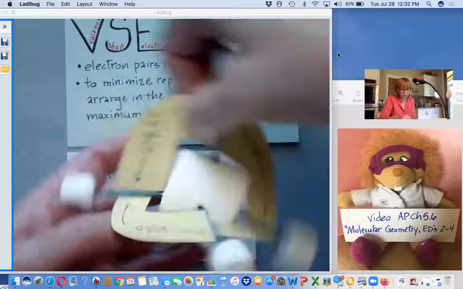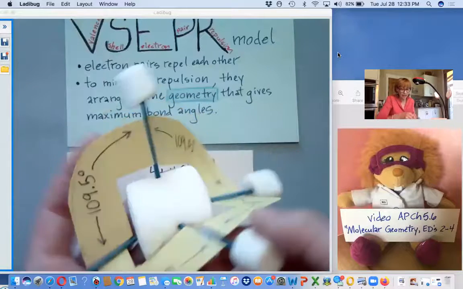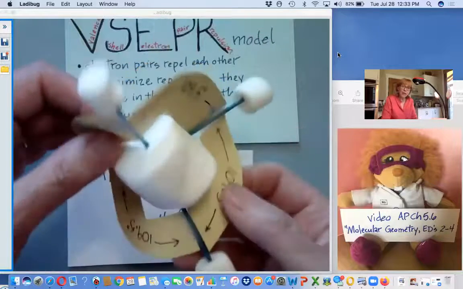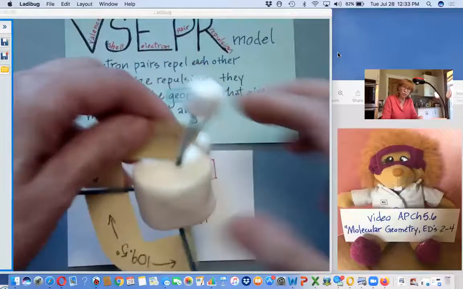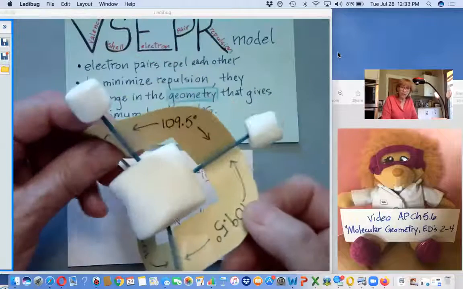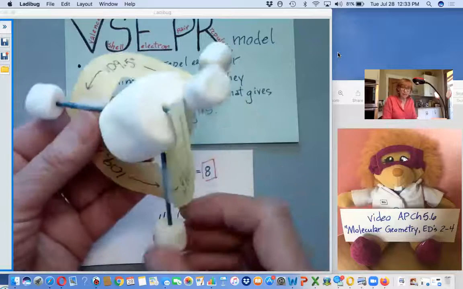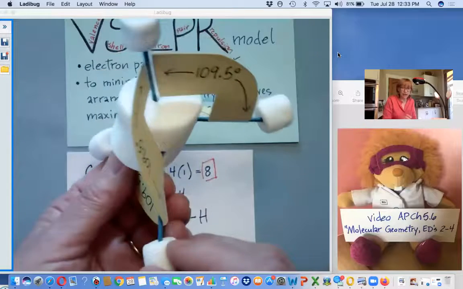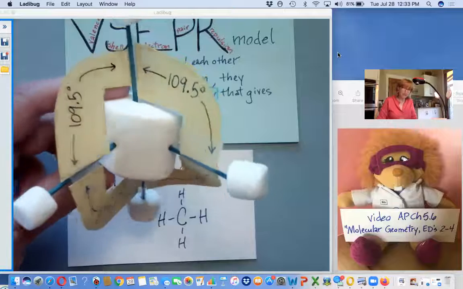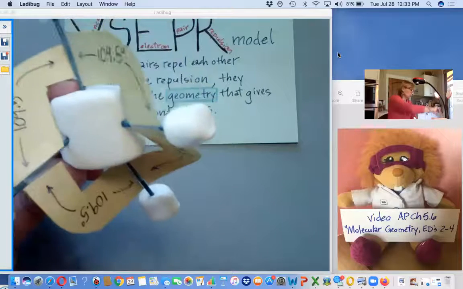Now I'm going to this one, 109.5, and now I'm out here at this one, 109.5. No matter how you move the molecule, any 2 bonds are separated by that same maximum distance of 109.5. And this unique structure that maximizes 4 bond angles is known as the tetrahedron.